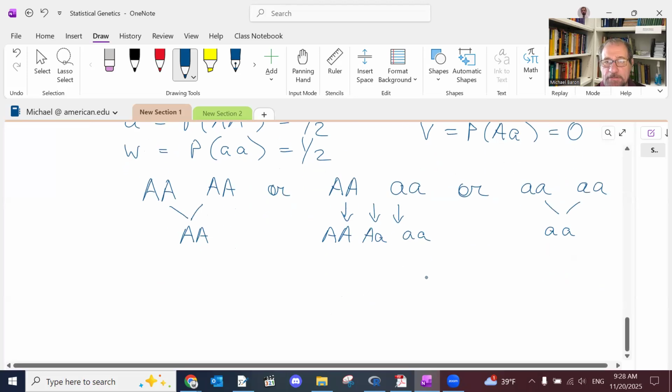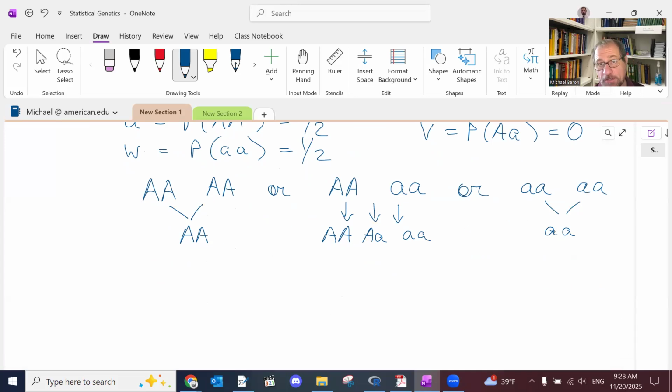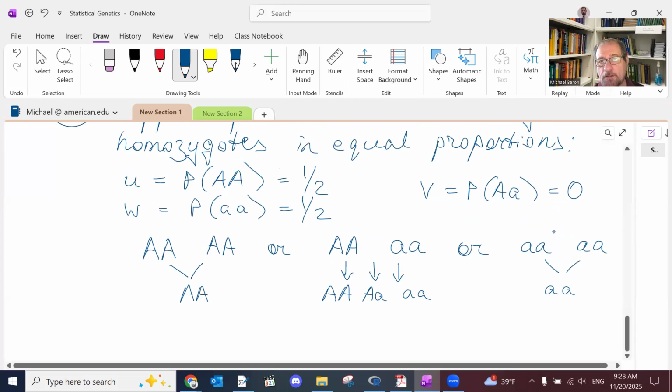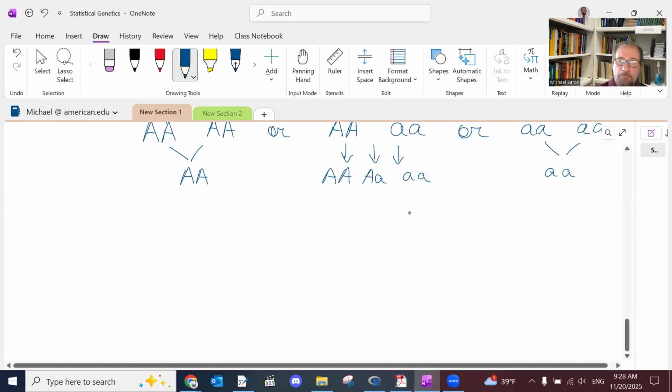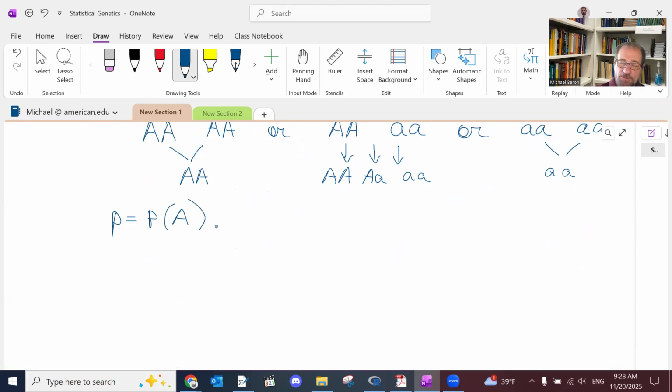But how to calculate the proportions of all genotypes in the population of these children? Well, we can look at probabilities, proportions of dominant and recessive genes in the population. So we will have P, the proportion of dominant genes. That's U plus V over 2, right? U is 1/2 and V is 0. So that's 1/2.